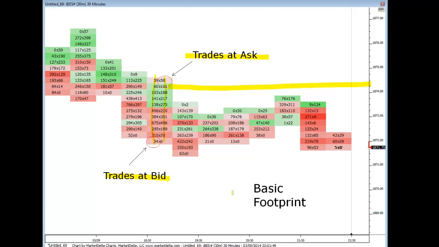In many instances, that is really a false assumption. So be very careful with that, assuming that all the trades at the ask are buyers and all the trades at the bid are sellers.